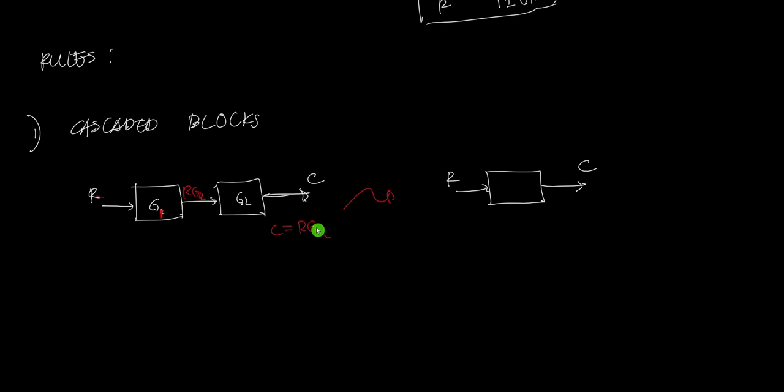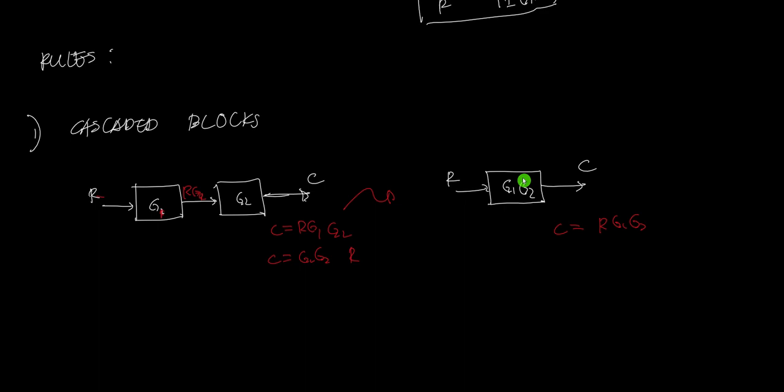R G1 is the input, while the transfer function now is G2. So C is G1 times G2, and this is our input R. If I solve for C here, C will be just equal to R times G1 times G2.